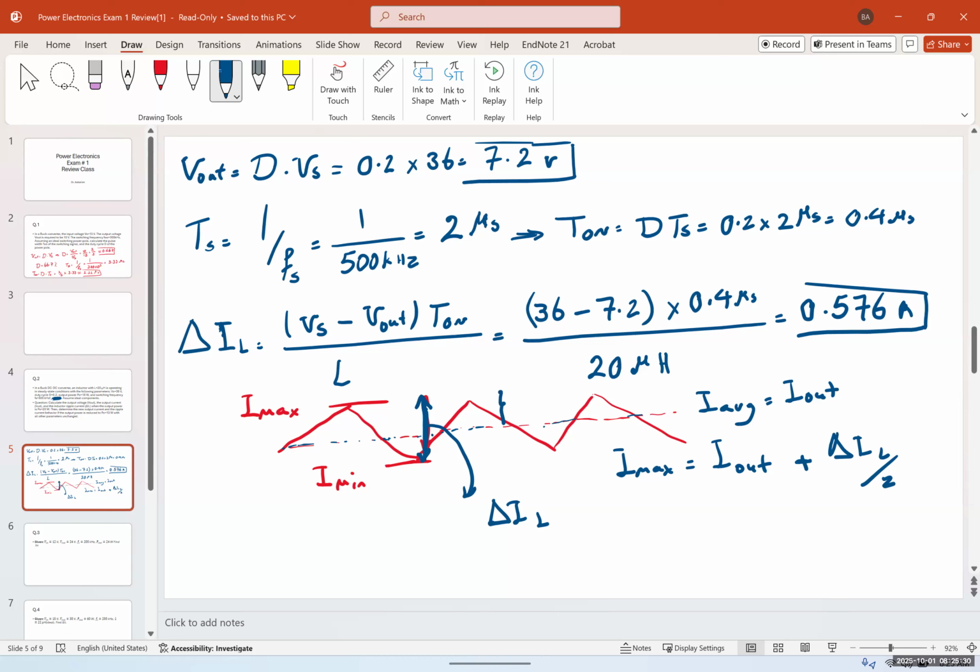So this is delta IL divided by 2, and this part is also delta IL divided by 2. It's symmetric, so half is over. And what is I min? It's going to be I out minus delta IL divided by 2.